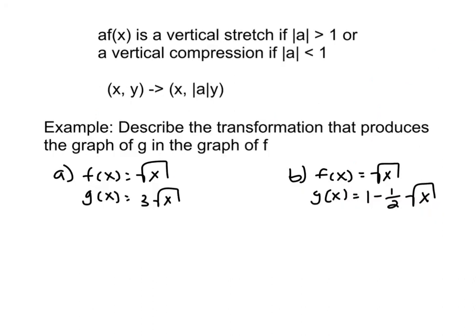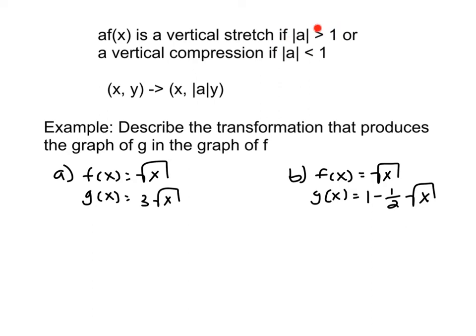Okay, so here's that rule. Where a is some sort of constant, a times f of x is a vertical stretch if the absolute value of a is greater than 1. In other words, if a is not a fraction. Or it's a vertical compression if the absolute value of a is less than 1, meaning it is a fraction.